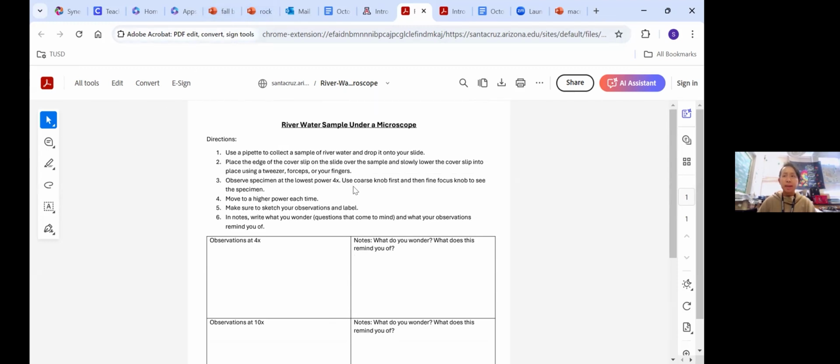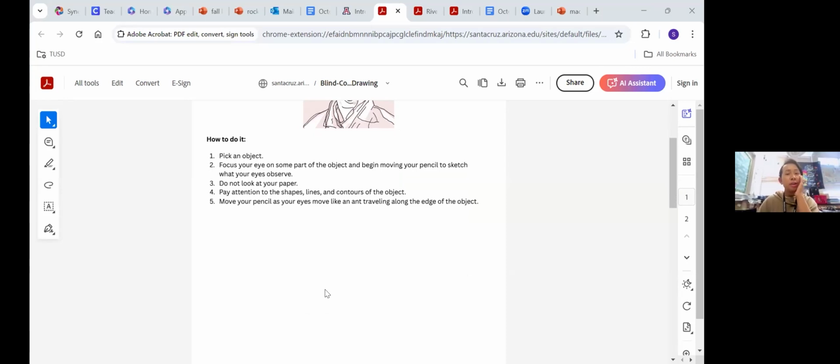And then I did the blind contour drawing too. For blind contour drawing, they had to just pick an object. They went outside for my sophomores. For my freshmen, I already had something, and I just had them practice doing the drawing.